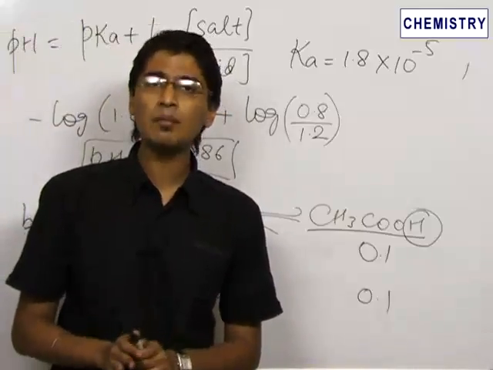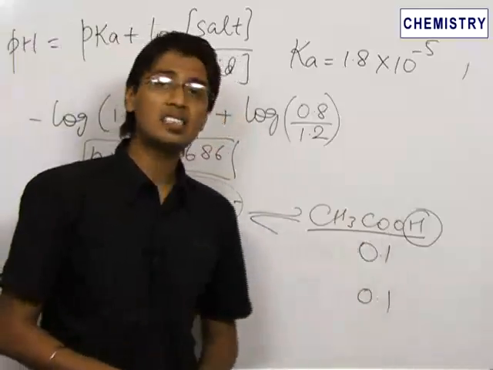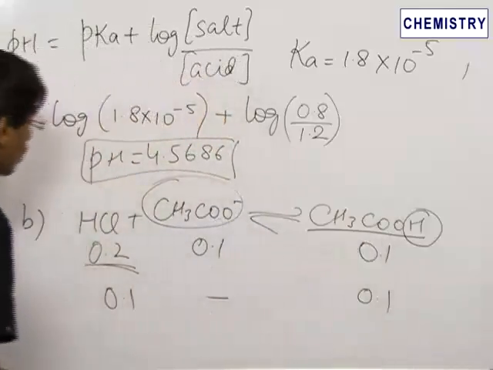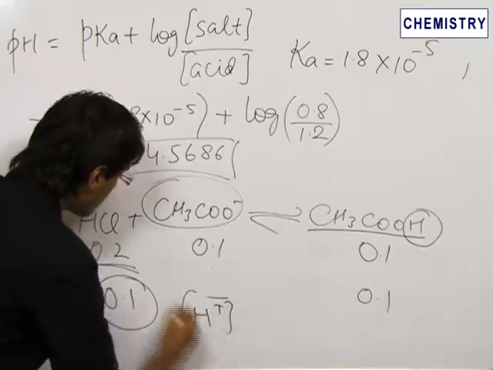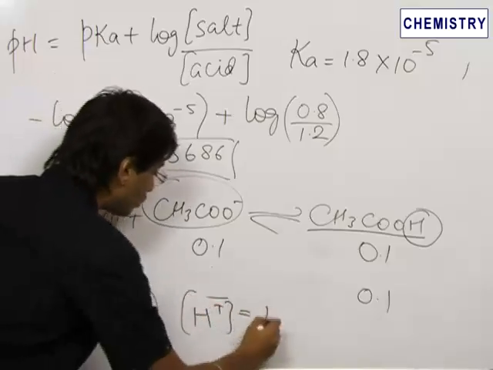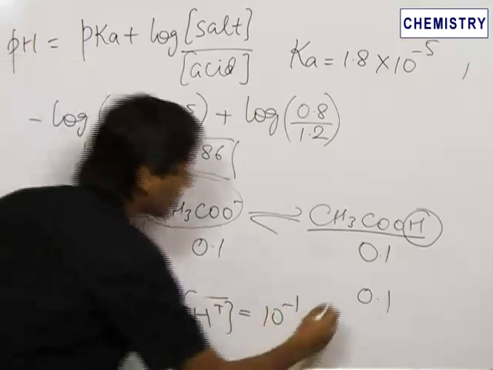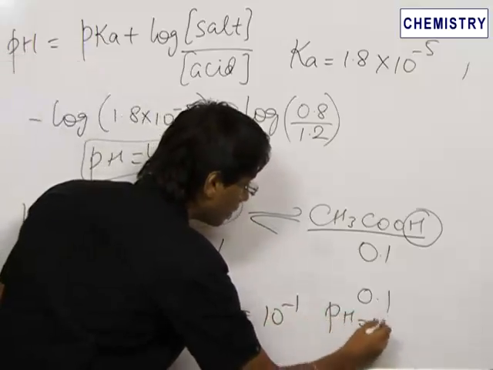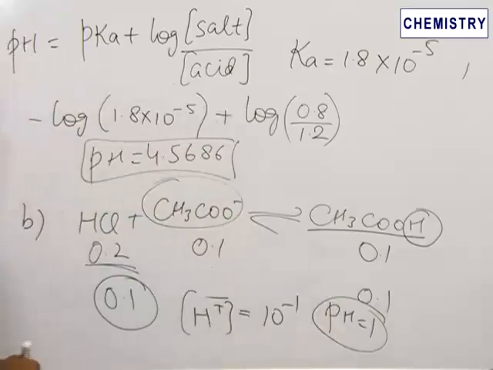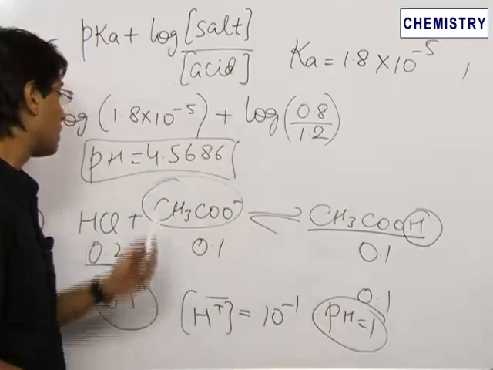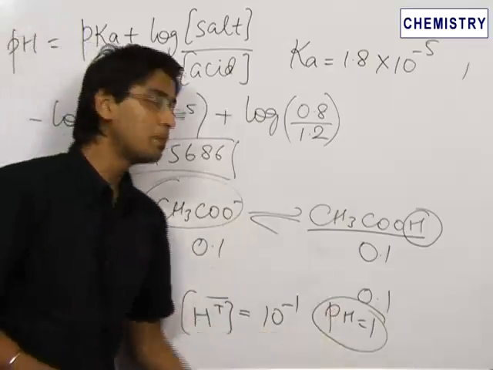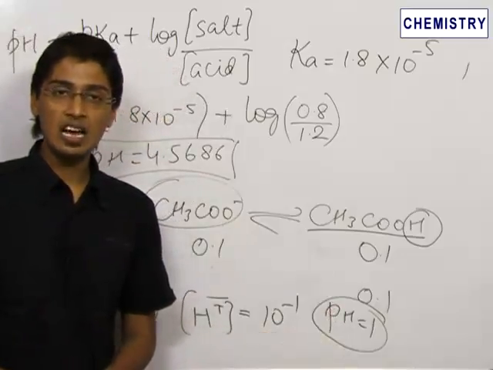So we can neglect the number of H plus ions coming from acetic acid and consider the total H plus ions to be equal to just the ones coming from HCl, and that is equal to 10 power minus 1, and hence the pH will be equal to 1. Hence the final answers for the pH in the two cases are 4.5686 and pH equals 1, and these are our final answers.